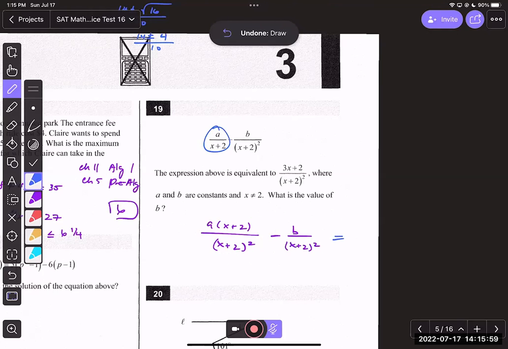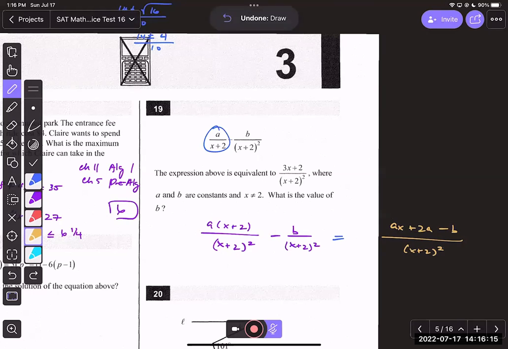So this gives me (ax plus 2a minus b) divided by (x plus 2) squared. All I've done is distribute right here and add the two together. From here, I can recognize that ax is equal to 3x and 2a minus b is equal to 2.